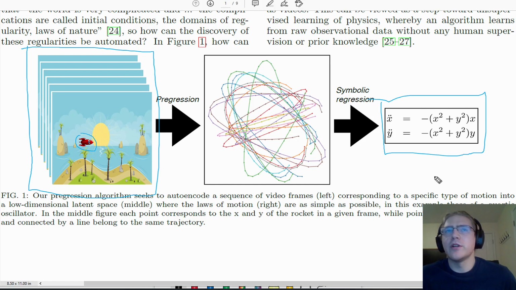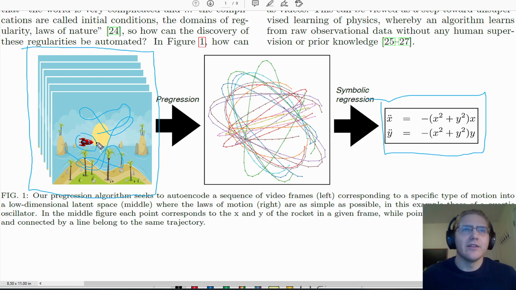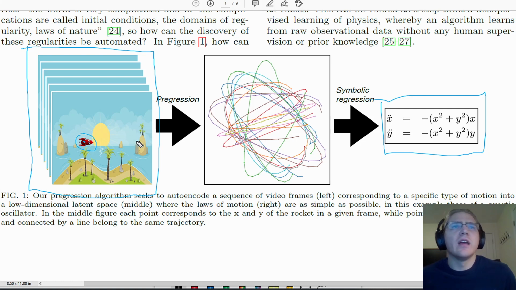So these are the differential equations that govern an object here. So you start with different positions and velocities, and you're going to trace out different curves on the image in terms of each frame you're at a different position along this curve, and we want to be able to run symbolic regression on this data, but this is a very high dimensional representation of this data.